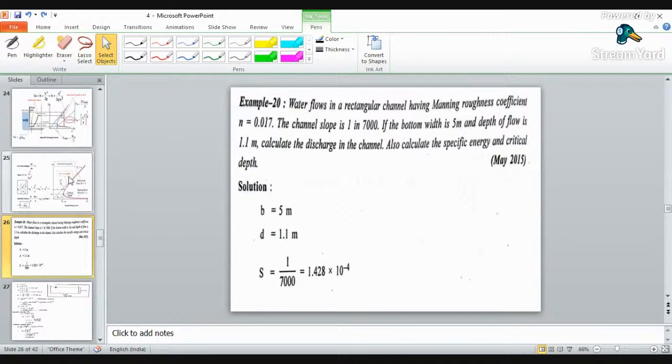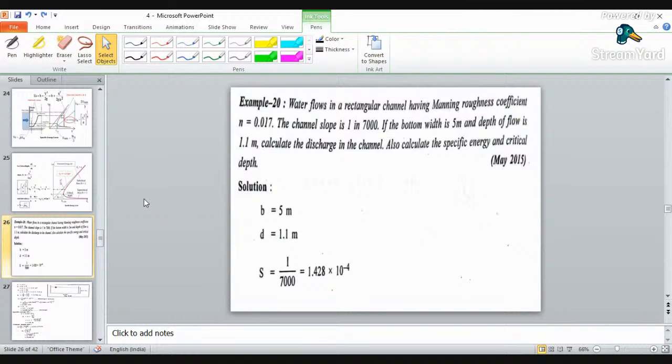Okay, so we will go through one numerical quickly. Just read this. Water flows in a rectangular channel having a Manning's constant of 0.017. The channel slope is given, that is S is 1 by 7,000. Width of channel bottom is 5 meter and depth of flow is 1.1 meter.